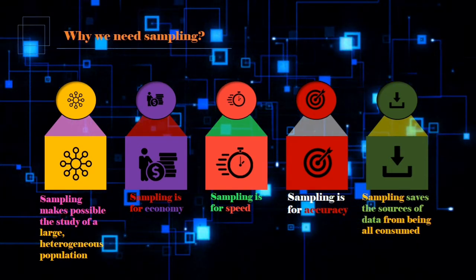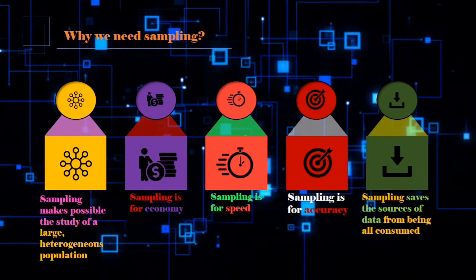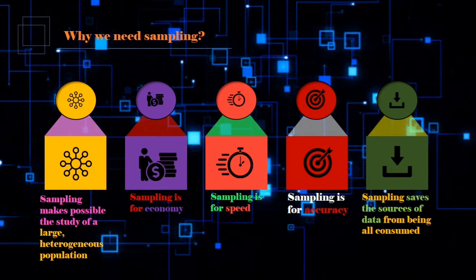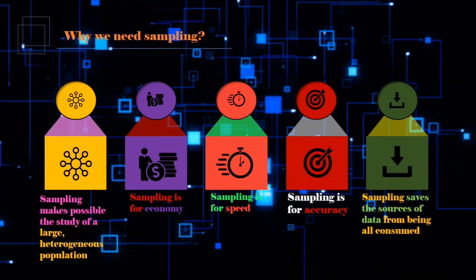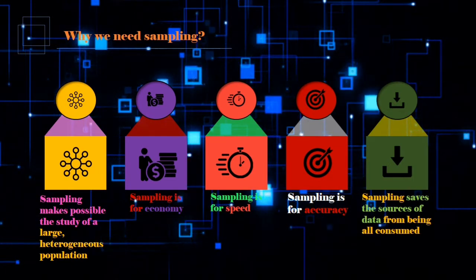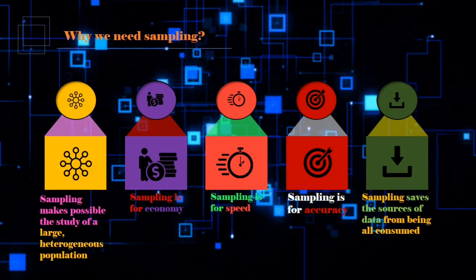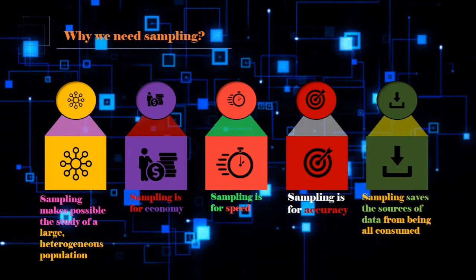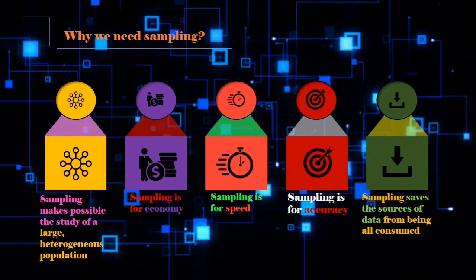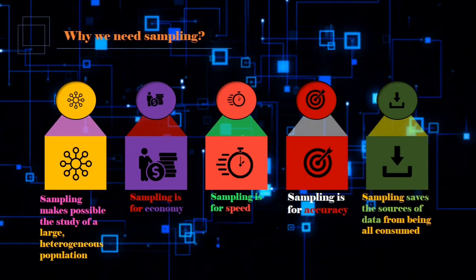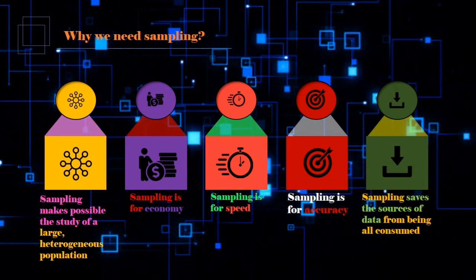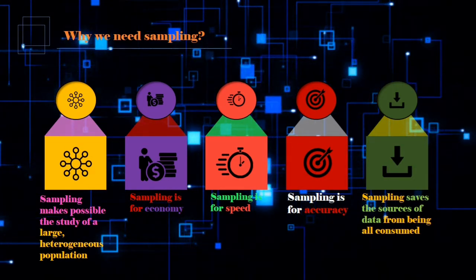When we use the population, we have to consume as much as possible all the sources of our data. But if we use sampling, it will save our sources of data from being consumed at once.